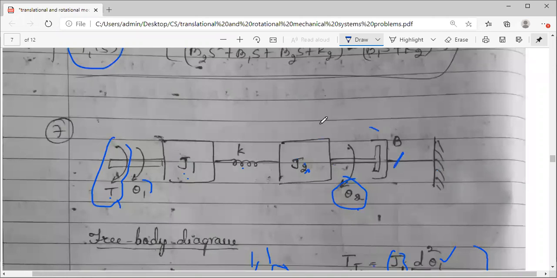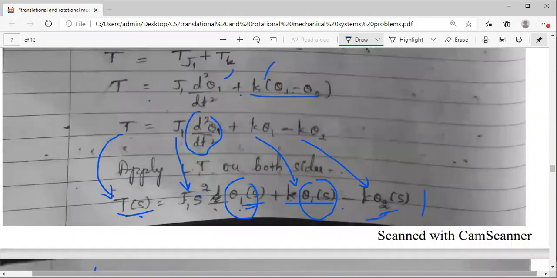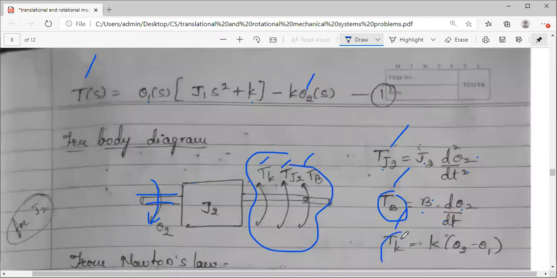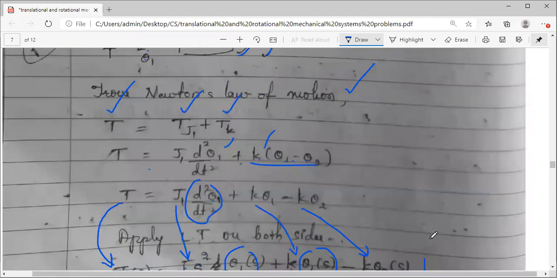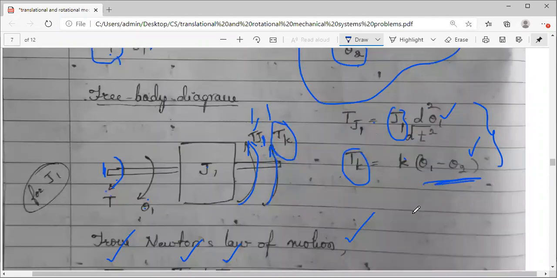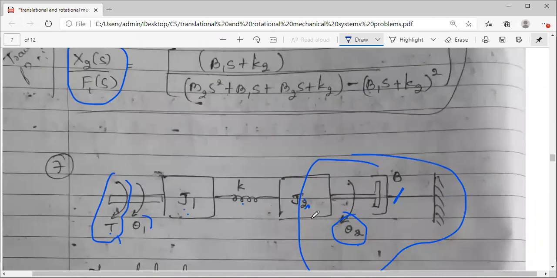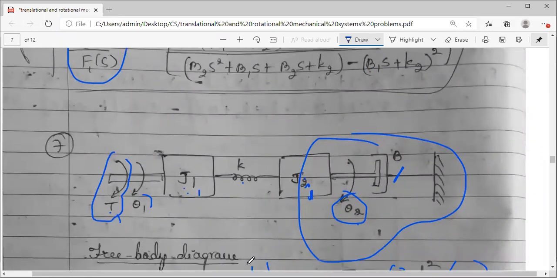A damper element is only towards this. And the last one, TK, the spring. Here I have taken theta 2 minus theta 1. But in the earlier free body diagram, we have taken theta 1 minus theta 2. That's the difference. See? Because this time we are writing the equations with respect to J2. Earlier it was with respect to J1.